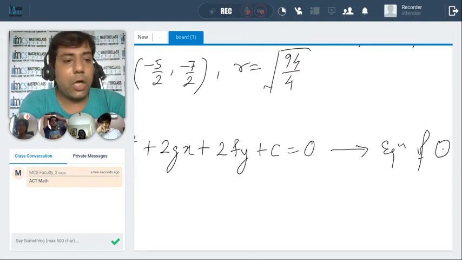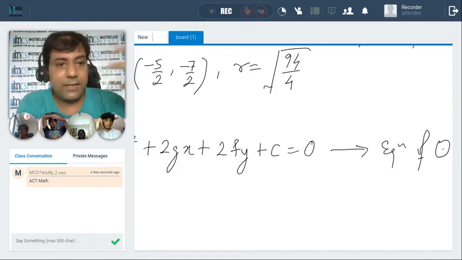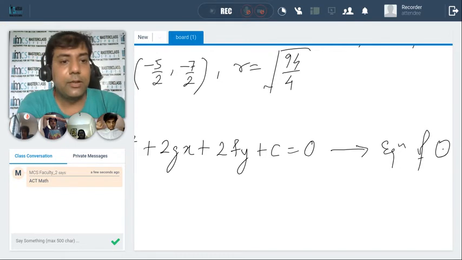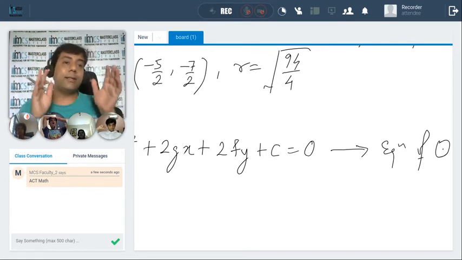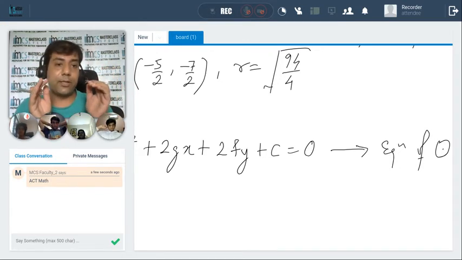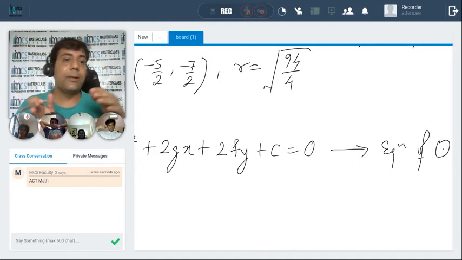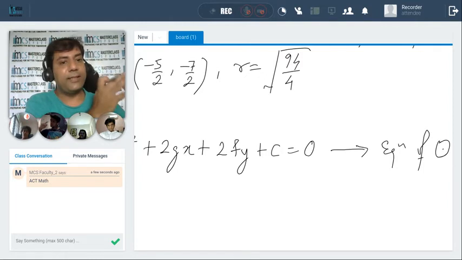Many books, if you see ACT books, SAT books, they won't talk about it. They only talk about converting this equation to standard form by completing the square, and that's all. But it is a time-taking process.